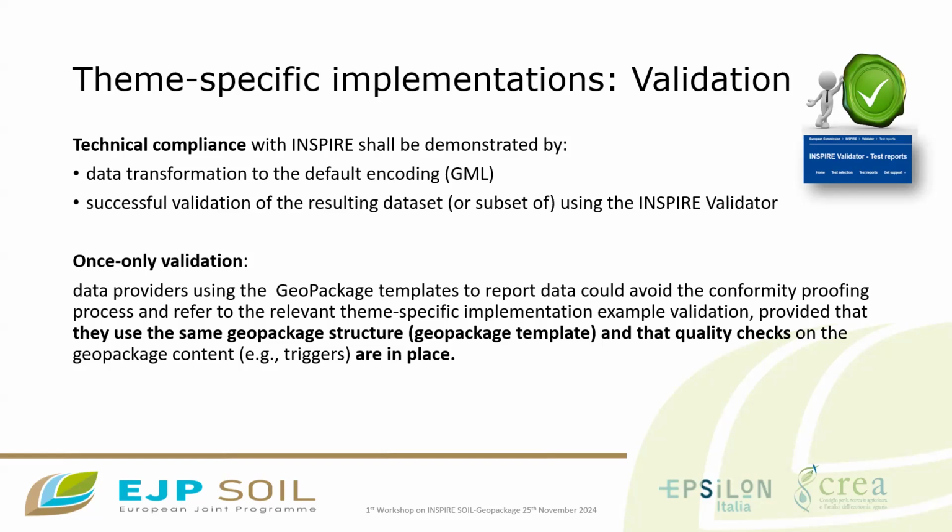This means that they do not have to transform to GML themselves, because they can refer to the relevant theme-specific implementation example validation. Clearly, they have to use the same GeoPackage structure that has been provided by the good practice, and provided that the good practice foresees quality checks on the GeoPackage contents, for example, the triggers. You will see this has been done also in the EJP SOIL.